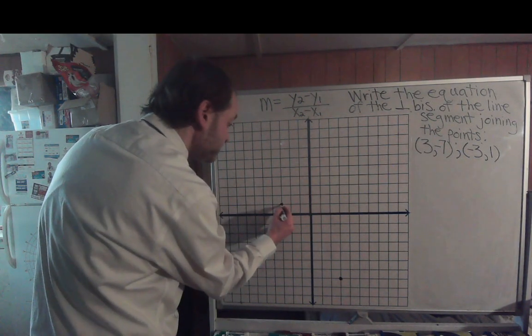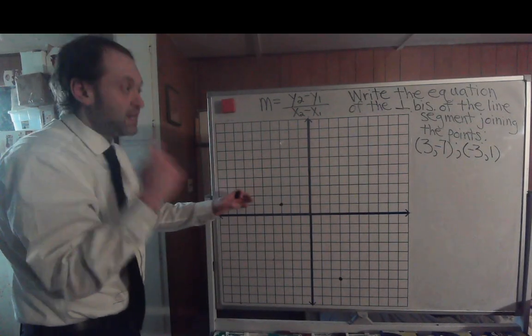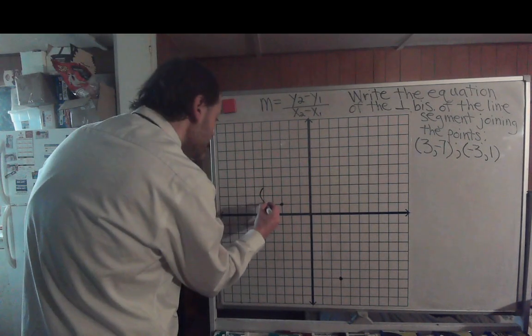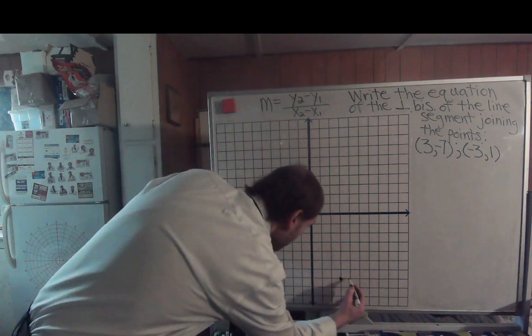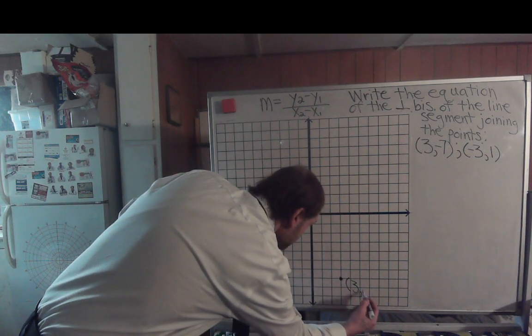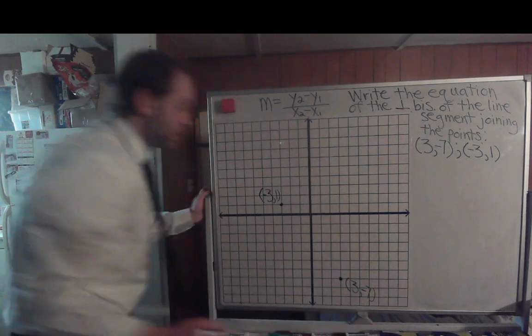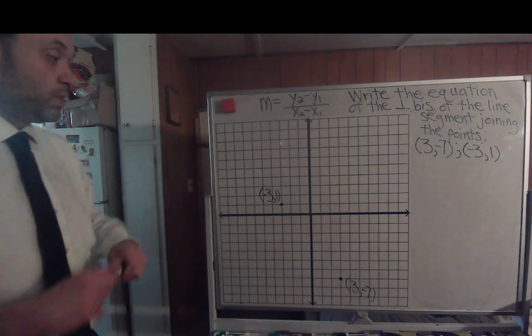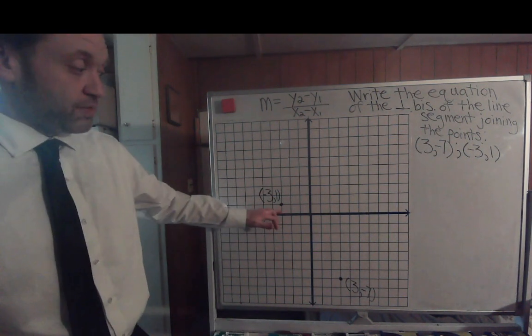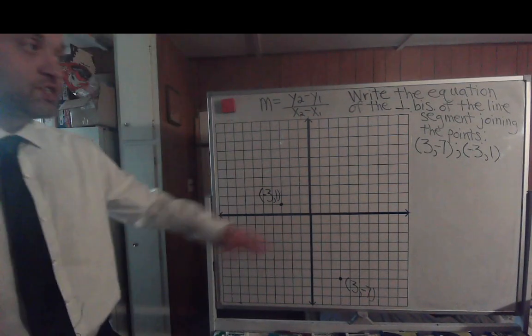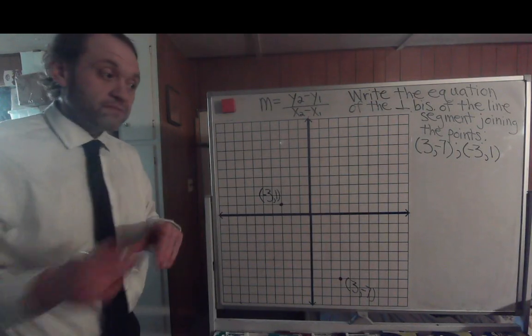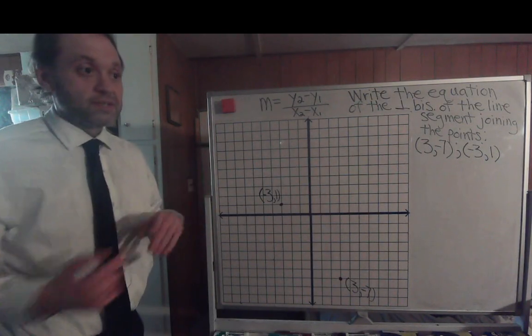All right. So there's your -3, 1 right here. There is 3, -7. So we need to find the equation of the perpendicular bisector going through the line segment that joins these 2 points.